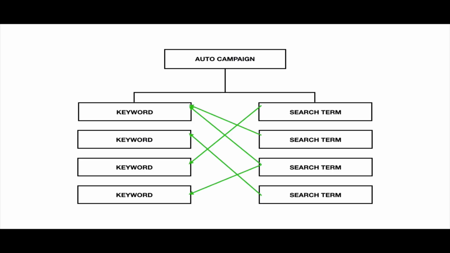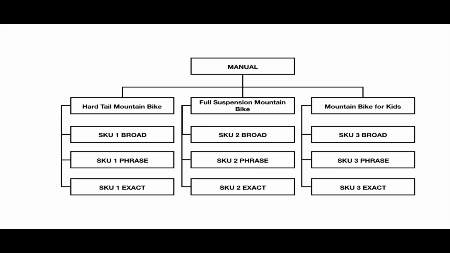Okay, so the first step of planting, you want to start an auto campaign and you want to set a pretty low budget just to gather some market intelligence and test what keyword search terms convert best for your product. Then on your second step, you want to set up some manual ads. And this is where a lot of people get it wrong.